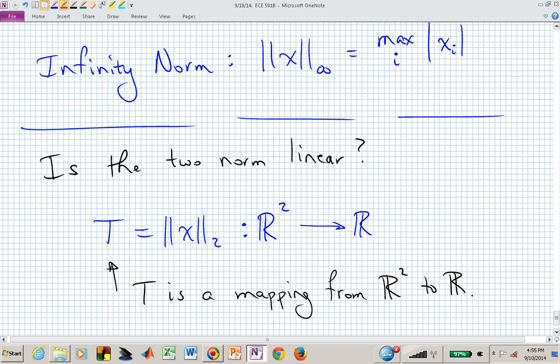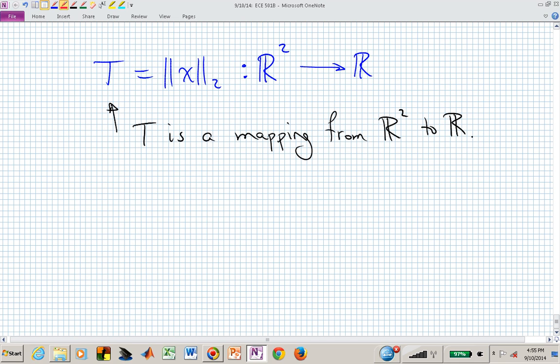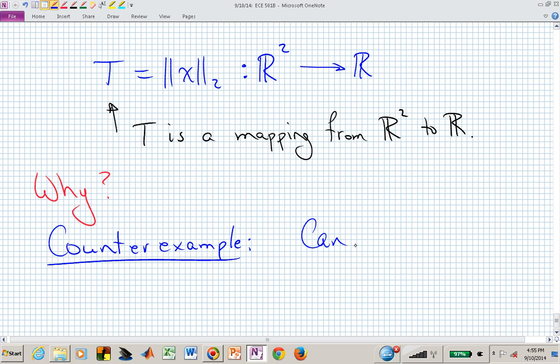It's not a linear map. So now it's not additive, is it? So now we need a counterexample. And we only need one, don't we? We don't have to show that everything doesn't satisfy this additive identity. All we have to do is really pick one example.